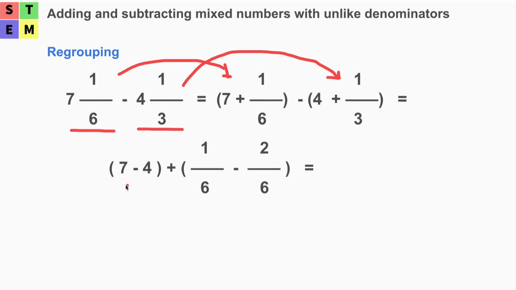Okay, we will have 7 minus 4 plus, I just directly do the transfer from the calculation of the least common denominator. So 1 over 6 minus this equals 2 over 6. Okay, so we can see from here 7 minus 4 is crystal clear, right? It's 3. So we got 3 there.